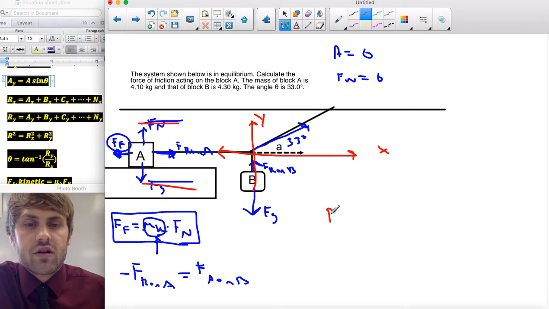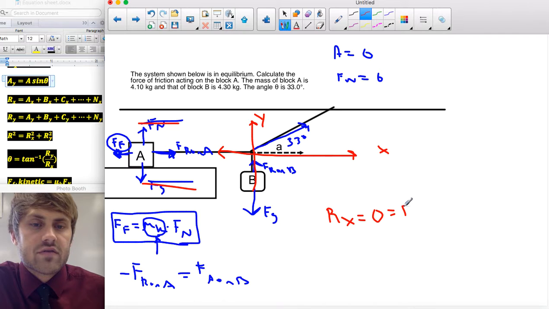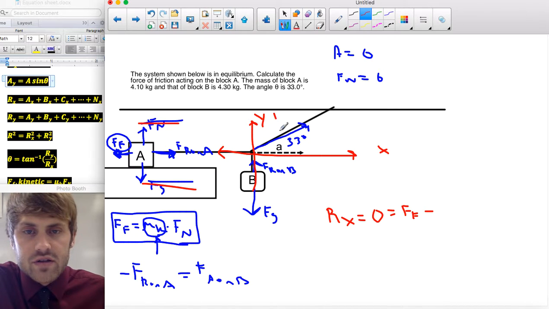So we'll call our net force on this entire system Rx. And Rx has to be equal to 0, because otherwise we'd be moving one of these two ways. And that has to be equal to the force of friction minus, and then we'll call this guy, I don't know what we can call this guy.